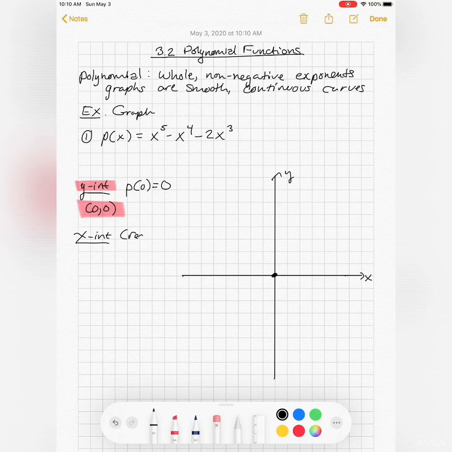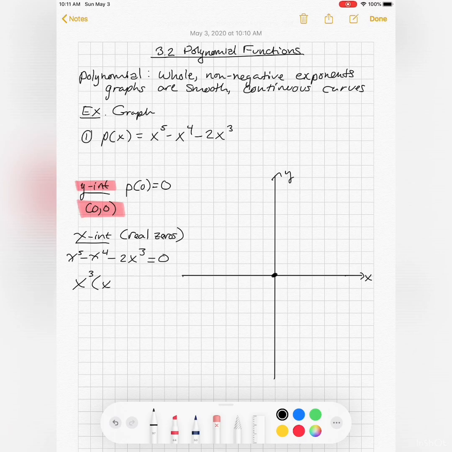So when we're thinking about polynomials, we tend to say, find the zeros, find the real zeros. That would be interchangeable with saying, find the X-intercepts. So what we're saying there is, set the whole function, the y, to 0.